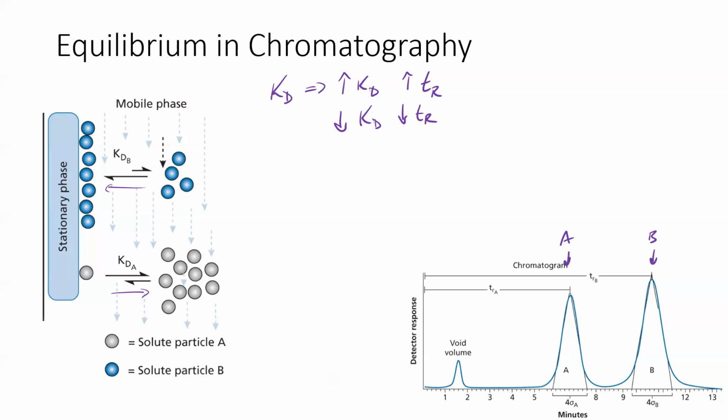The term that we use for coming off the column is elution. So there's another term for us to know. Elution is when our analyte exits the column with the mobile phase.